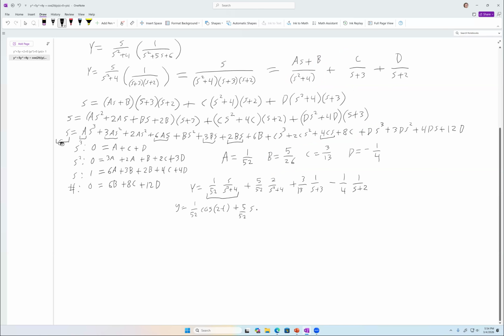And so the reverse Laplace transform of that will be sine of 2t. Now let's move on. As we reference our sheet, this one will be 3 over 13 times e to the minus 3t. And then our next and final will be minus a quarter times e to the minus 2t.